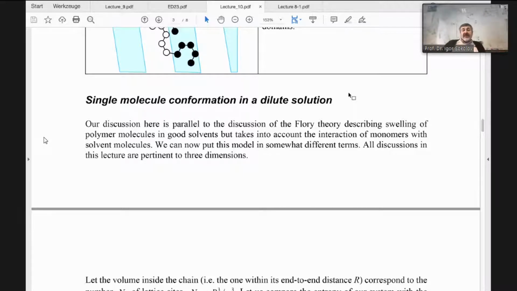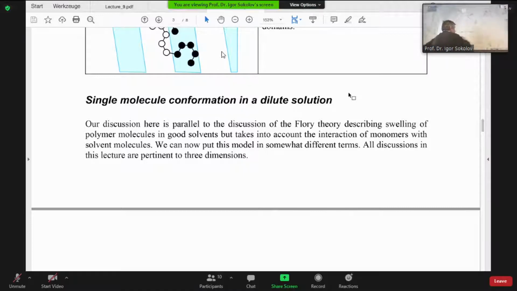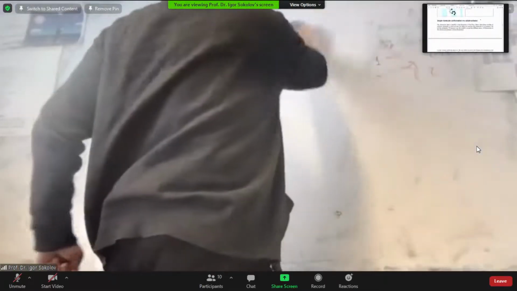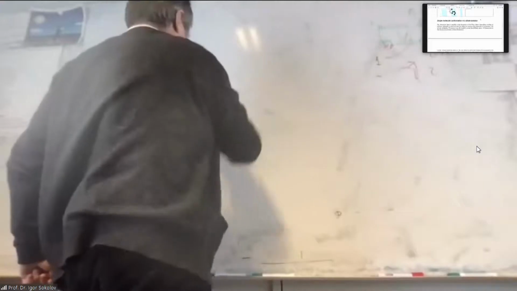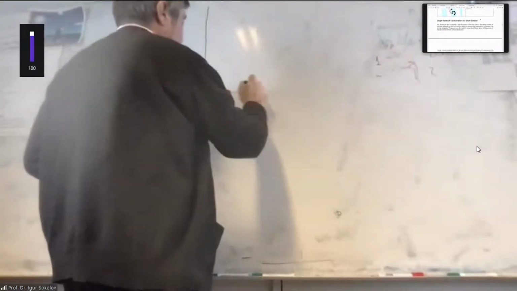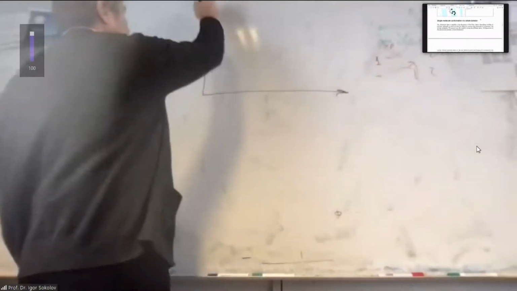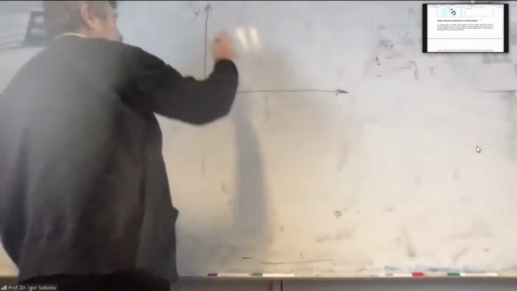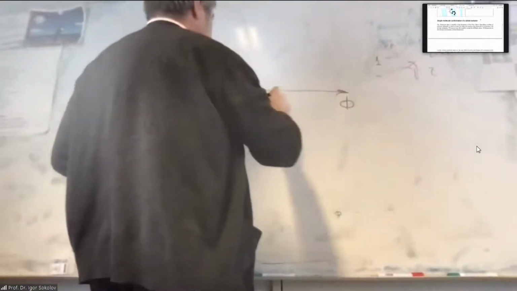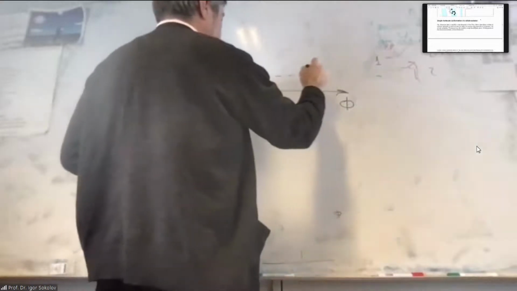So this is now our next topic. So if we look at our, let me draw a picture. If we look at our phase diagram, chi, phi, 1/2.